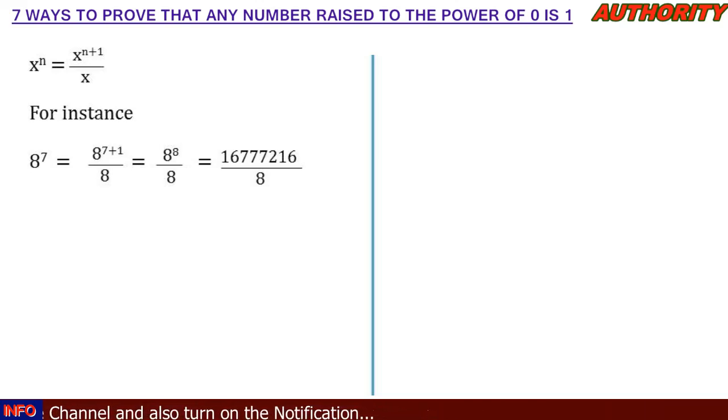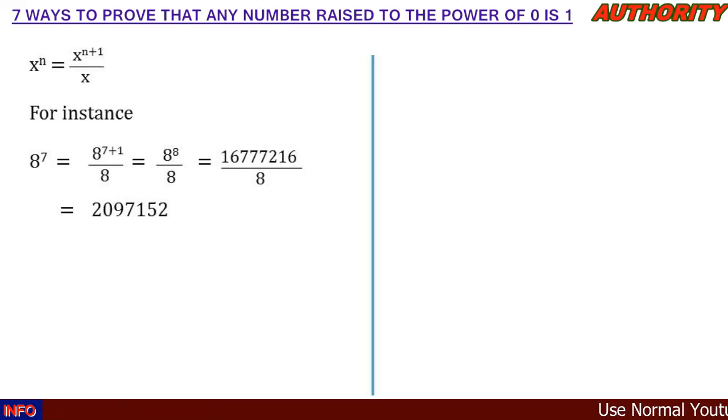So when you say 16,777,216 divided by 8, punch it in your calculator, it's going to give us 2,097,152. Is that true? Yes. Okay, I want you to punch in your calculator directly without following this method, 8 raised to power 7.